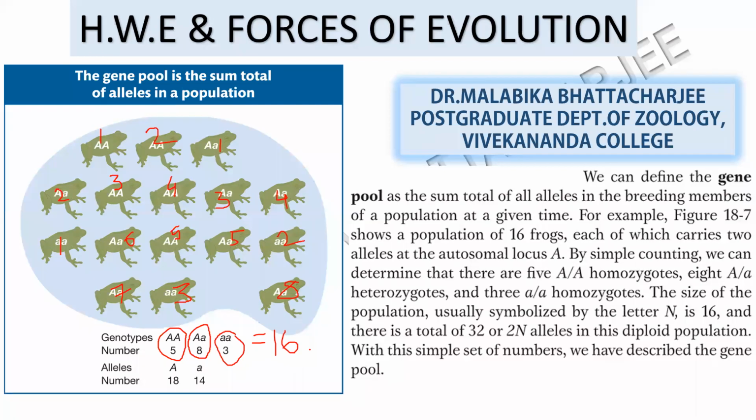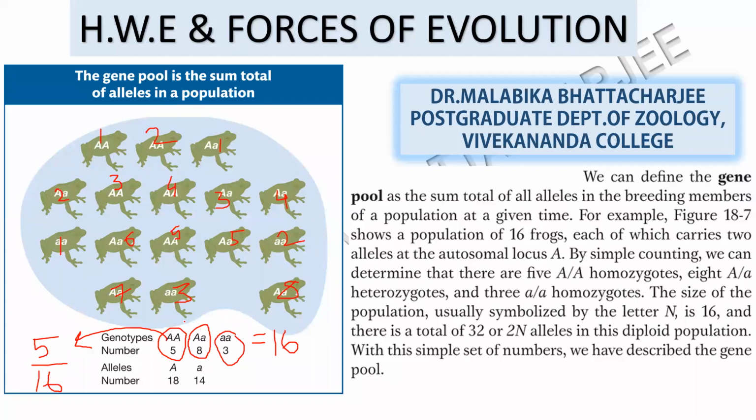Now, the next concept that develops is, if there are 16 individuals, what is the genotypic frequency of capital A individuals, capital A small a individuals, and small a individuals? A simple calculation: the genotypic frequency of capital A individuals will be the number of individuals in that genotype divided by the total.